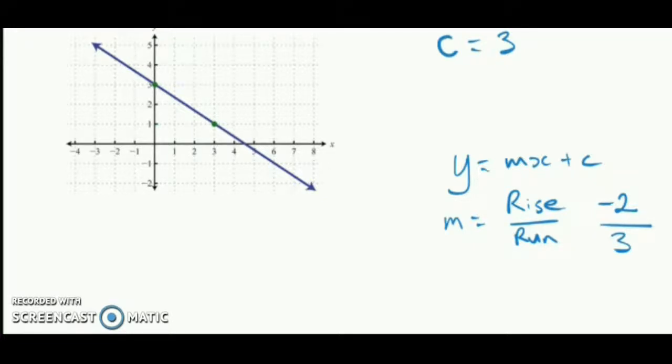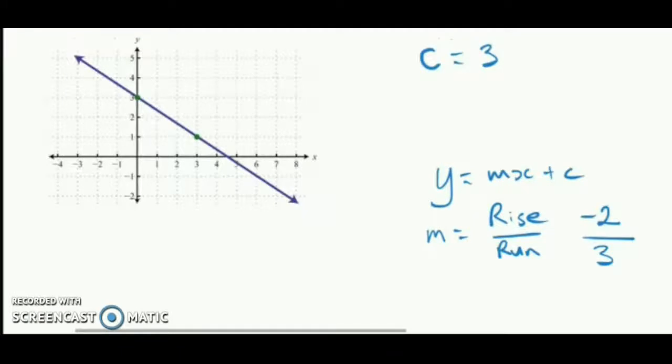So to write our equation, we've got y is equal to mx plus c, so y equals negative 2 over 3 x plus 3. Y-intercept, gradient, down 2 across 3.